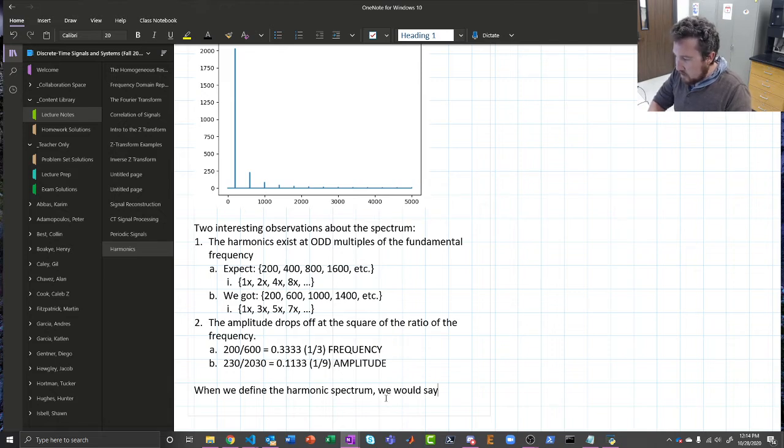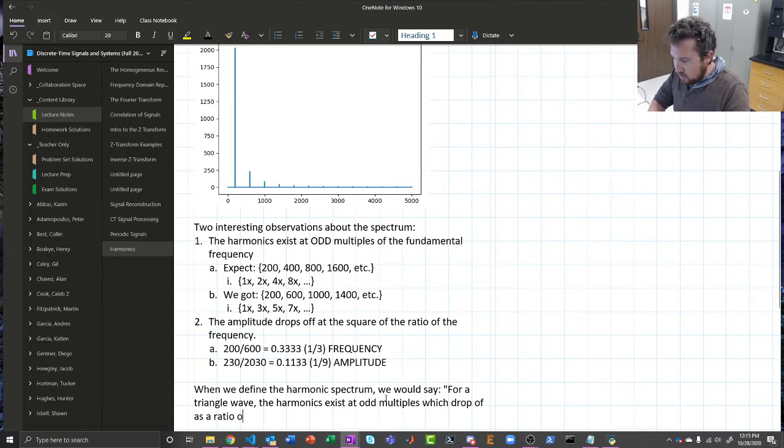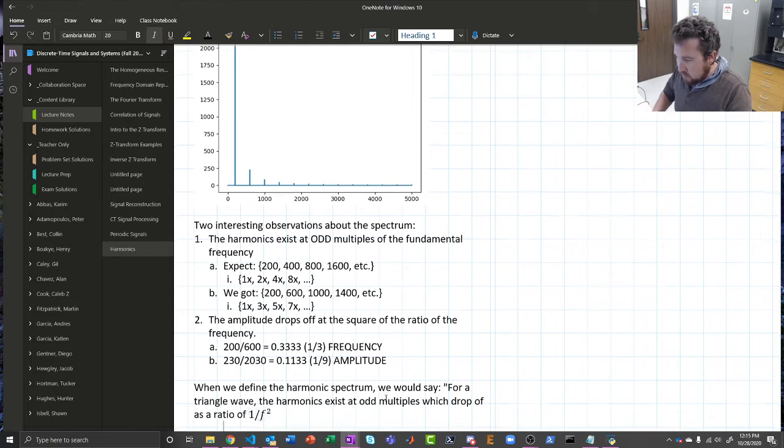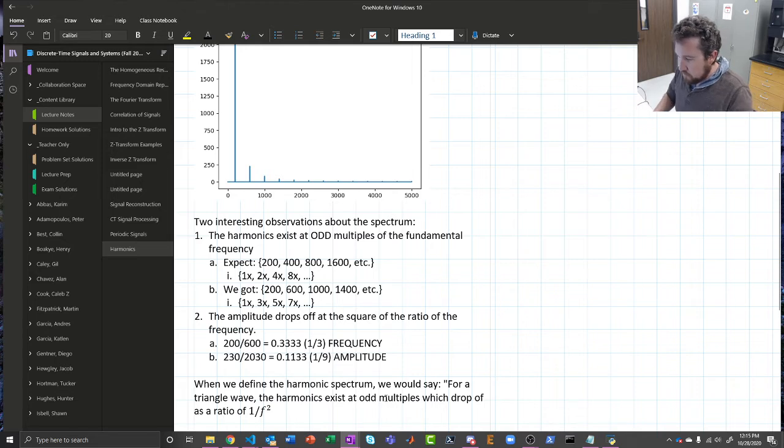We would say that for a triangle wave, the harmonics exist at odd multiples which drop off as a ratio of 1/f squared. And put that in parentheses.